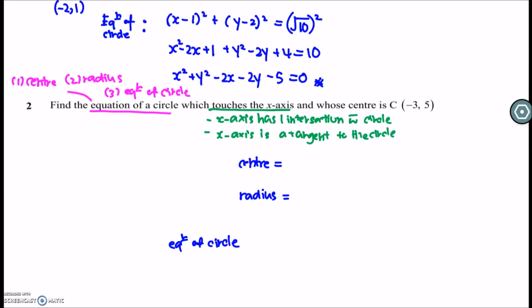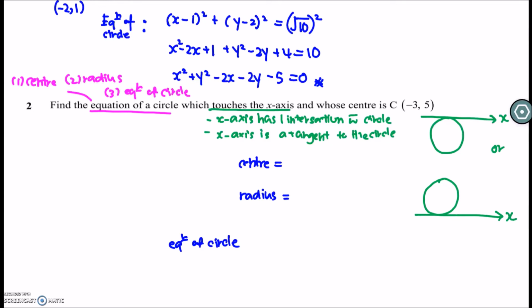So this means that if this is my circle, and it touches the x-axis, being the horizontal line having gradient 0, my x-axis can be at the top of the circle, or it could be at the bottom of the circle.